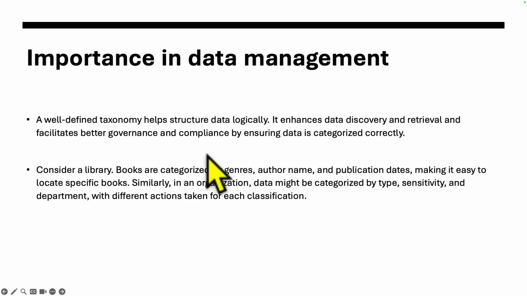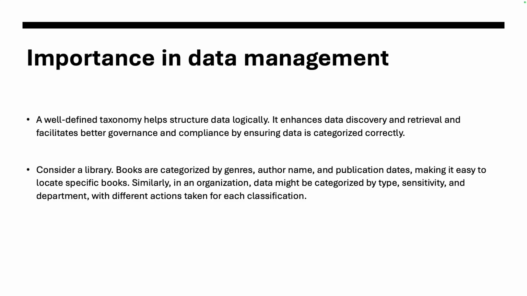Here you can see an example I have put down, comparing it with a library. Books are categorized by a particular genre based on an author name or a publication date. If you have that sort of organization within your library, it's easier for you to go and find or look for a specific book.